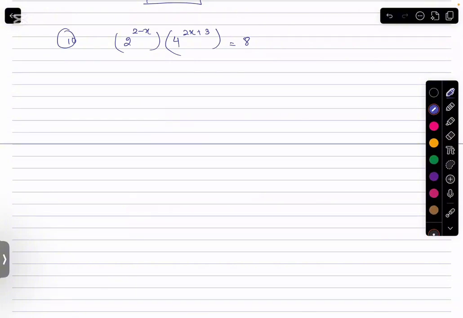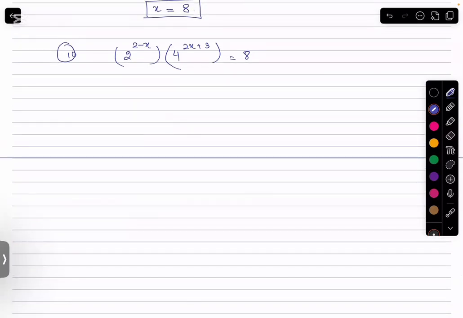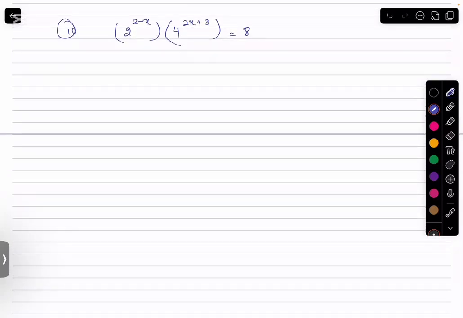The rule here is a little different. Okay, what is the rule that we are following here?